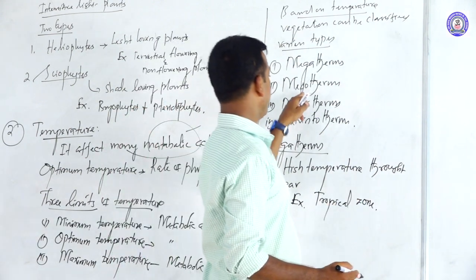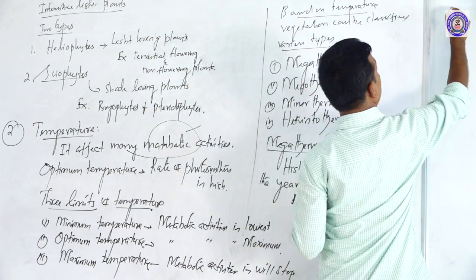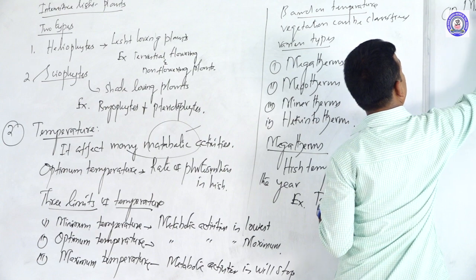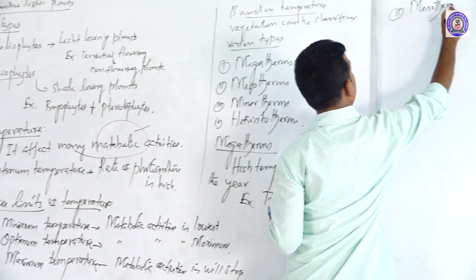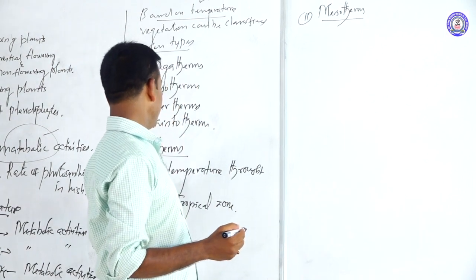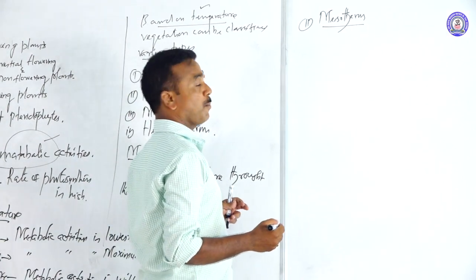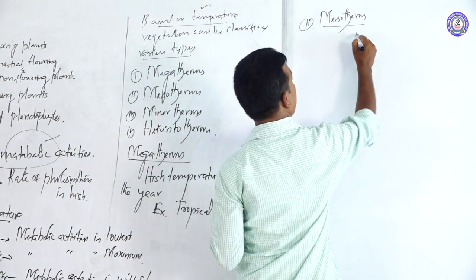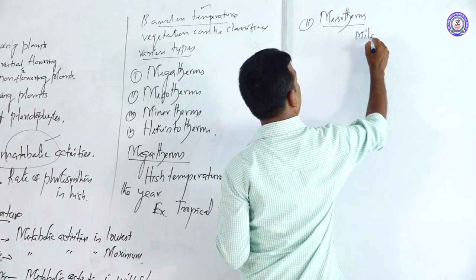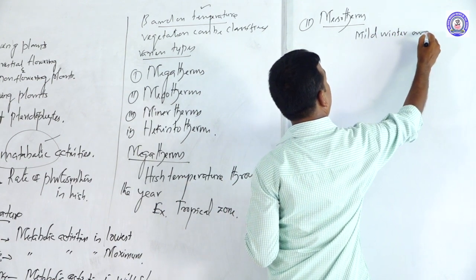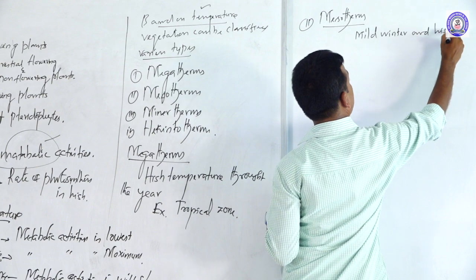The second one, mesotherm. What are they called? Mesotherms are commonly called the plants adapted to mild winter and high summer.